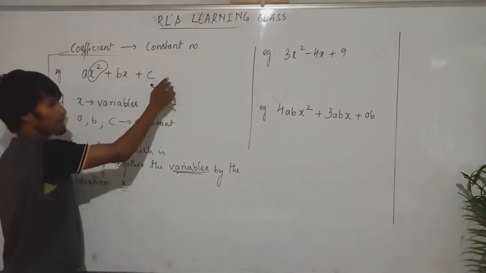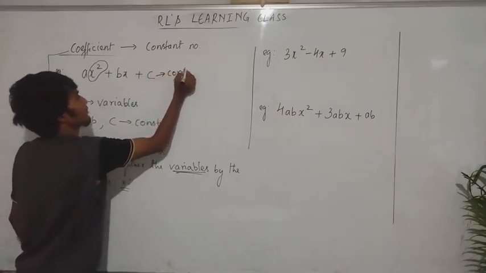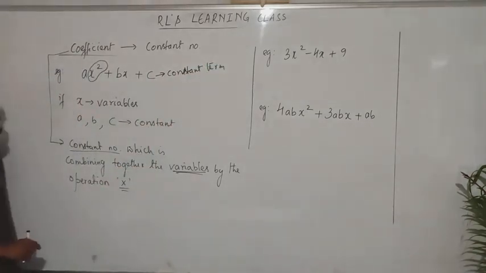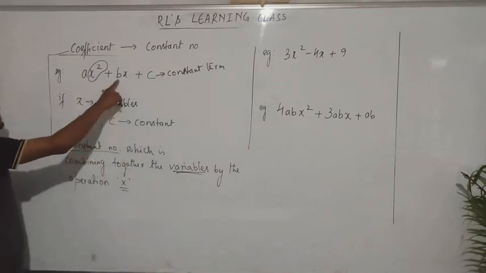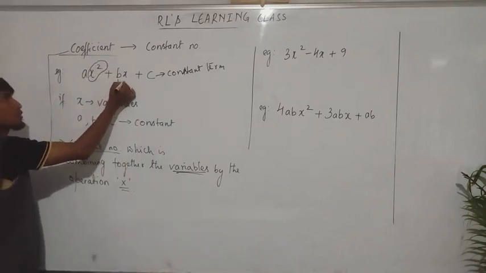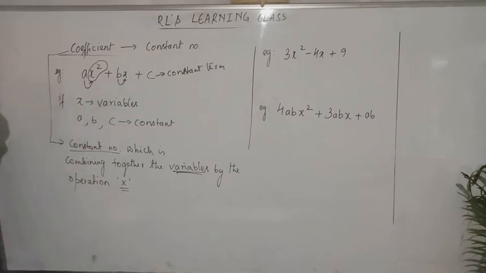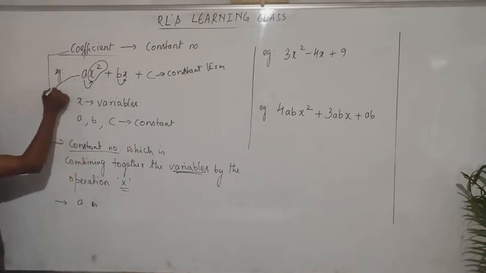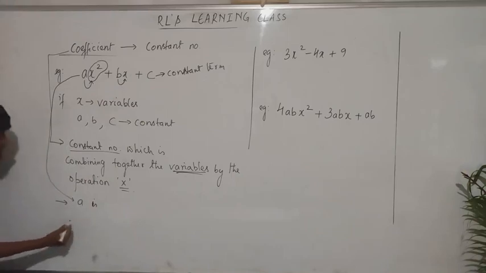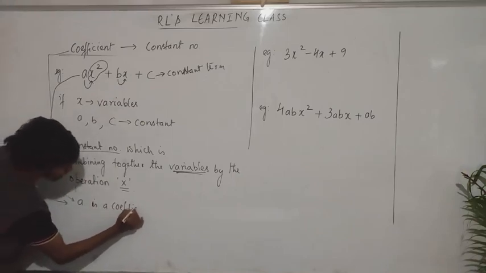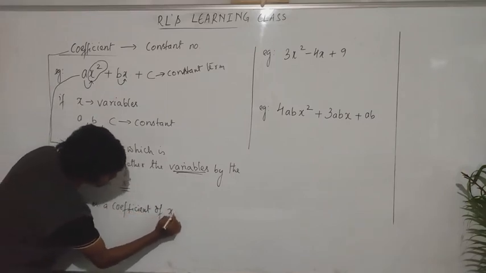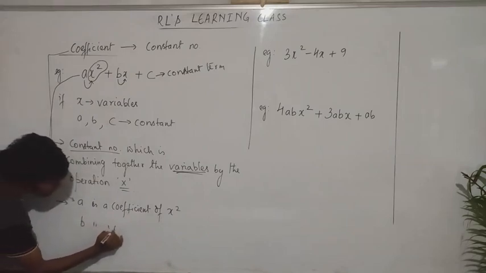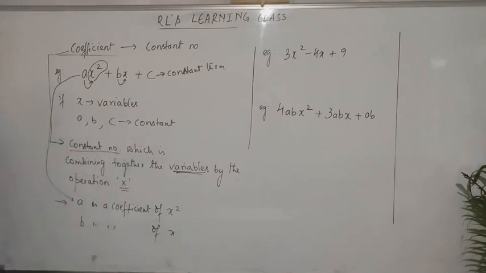But this c has no variable, so this c will be a constant term, because it is not combined with a variable. So a is the coefficient of x squared, and b is the coefficient of x.